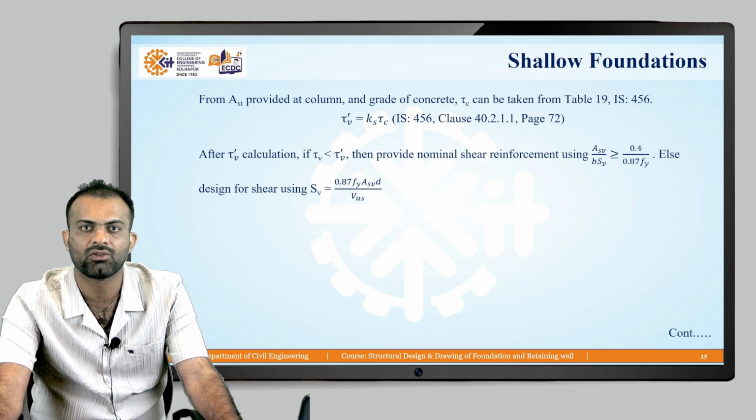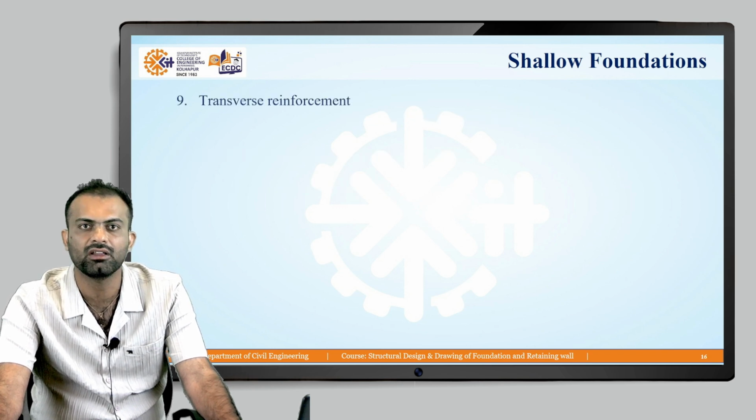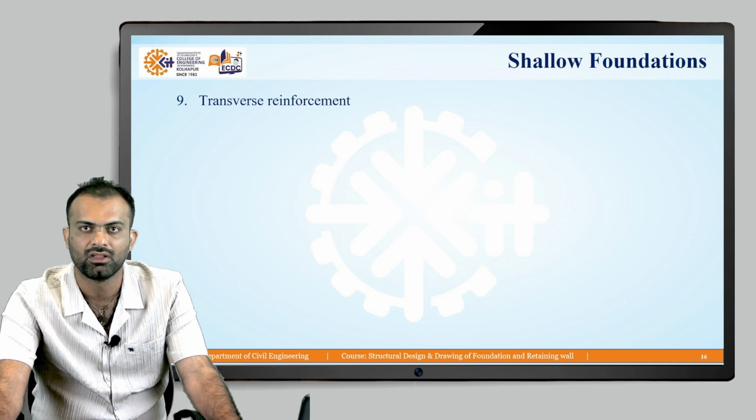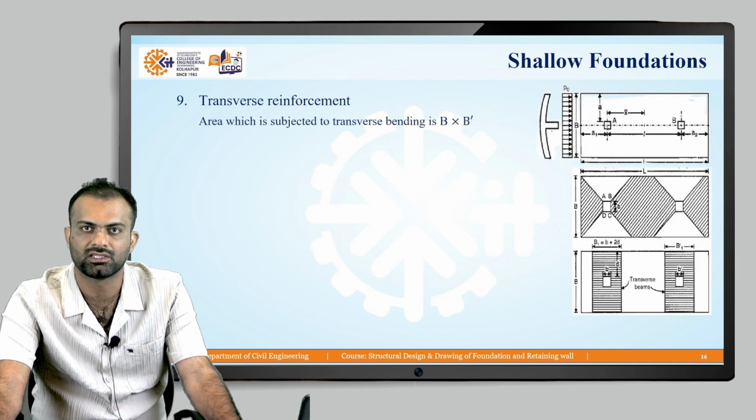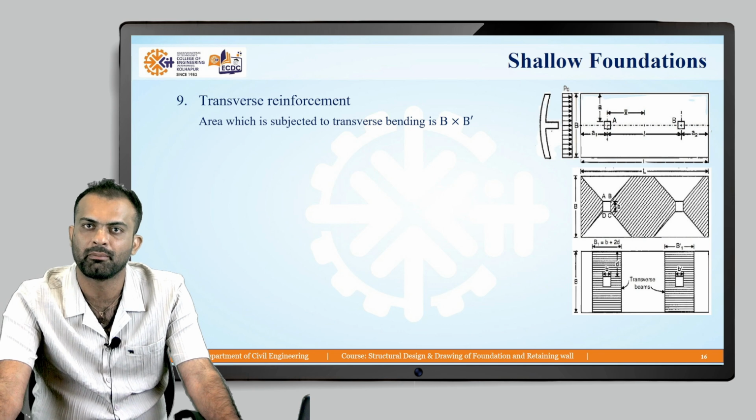Then we are going to calculate the transverse reinforcement. If you look at this profile of the combined footing, in the breadth direction, in this portion, the foundation will bend like this. In the lengthwise direction, we already calculated the longitudinal reinforcement.